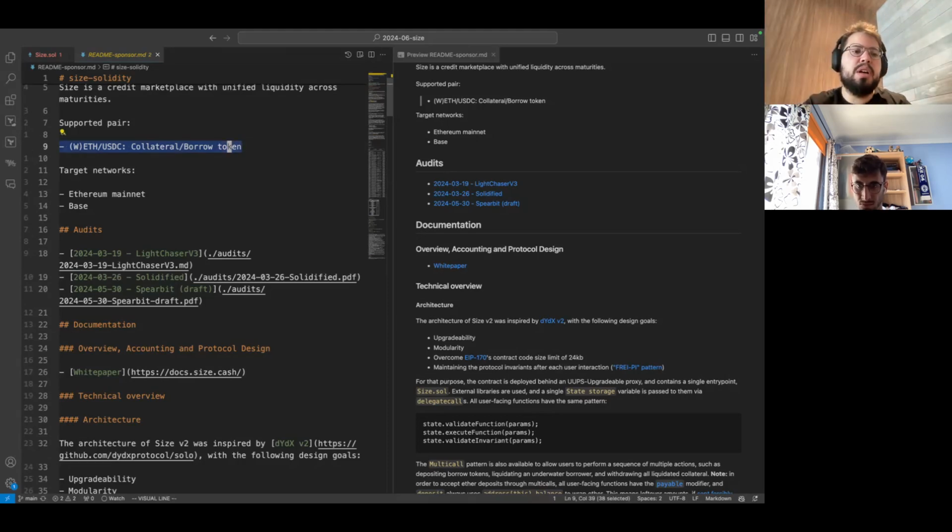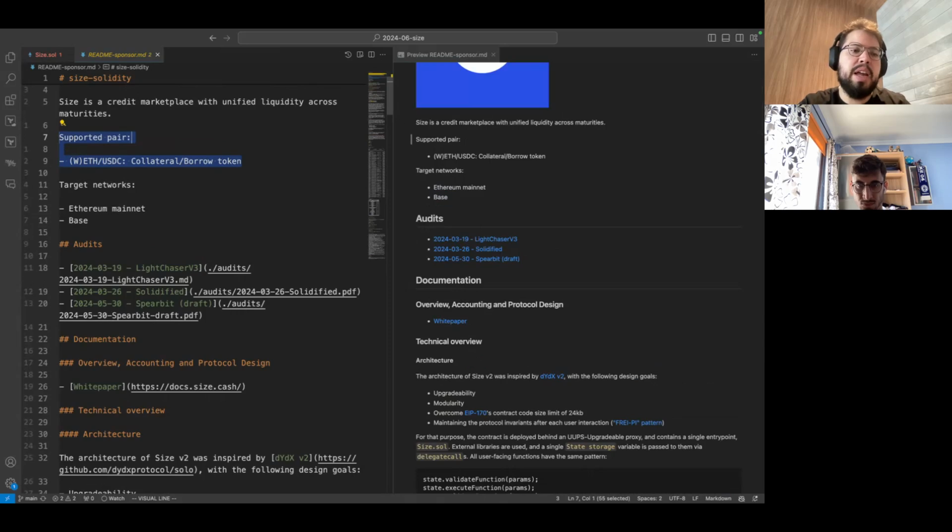We decided to start with only Ether and USDC as the supported pair. The reason is that we think this is the biggest market for lending protocols, and also because this is the first version of Size. We are also already starting to develop the next version, which will be more generic.